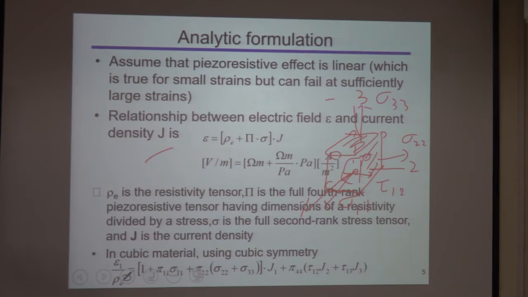This is 1 surface, the first subscript. The second subscript is the direction of this shear force, which is in the 2 direction. So we use this symbol to represent shear stress, tau 1, 2. 1 is the normal vector direction, 2 is the direction of this force.